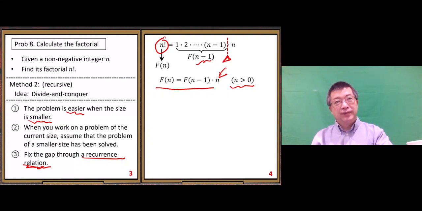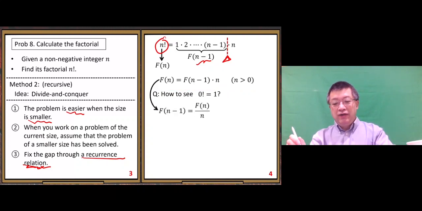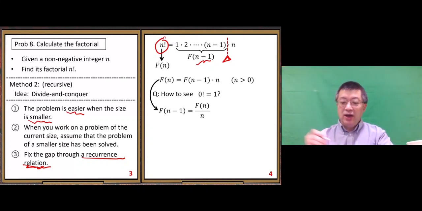Next, let's go back to the question we talked about in the previous slide. How to see 0 factorial equals 1. Here, it is the time we can see it. First, let's rewrite the recursion formula in a different way. This time, because n is different from 0, we can divide both sides by n.